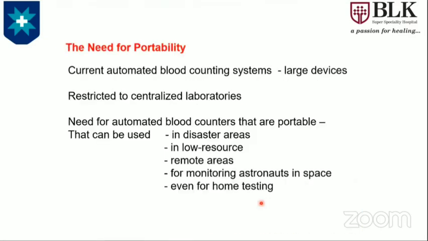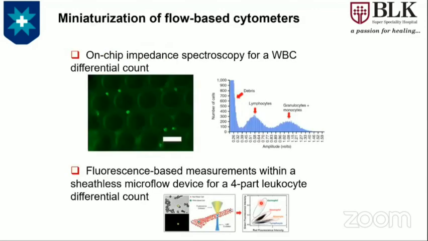Need for portability: COVID has made us realize that we need to have availability of testing in the remotest possible villages, and therefore the need for automated counters which are portable and can be made available in disaster areas and remote areas is also happening in parallel.